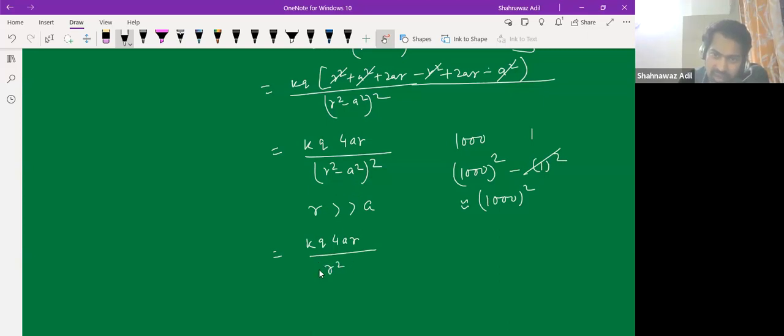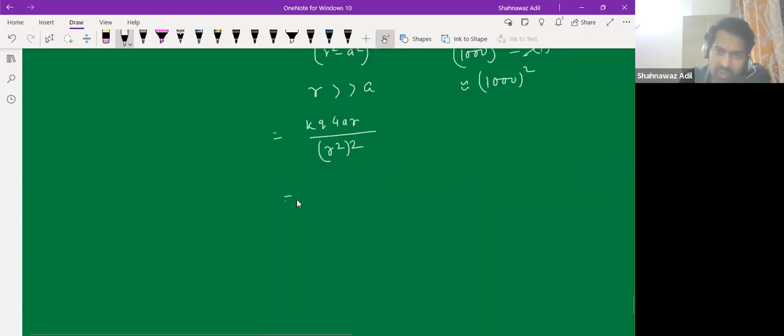So this is R square whole square. So this would be KQ 4AR by R to the power 4. So this part is cancelled and we have 4AQK divided by R cube.